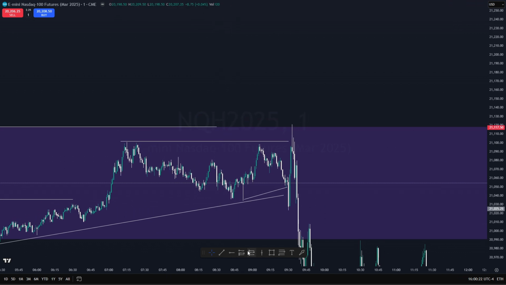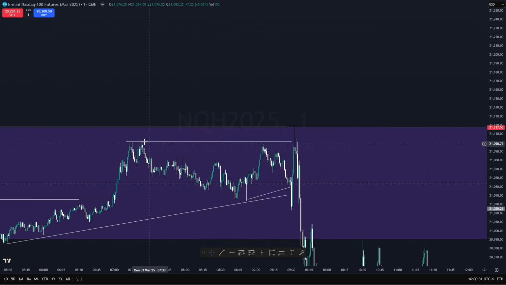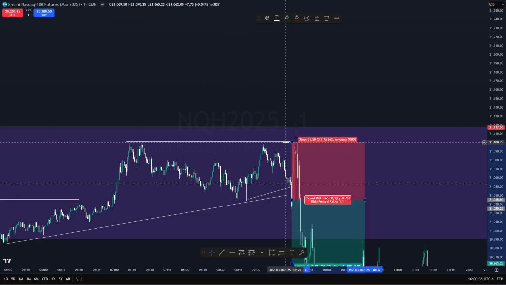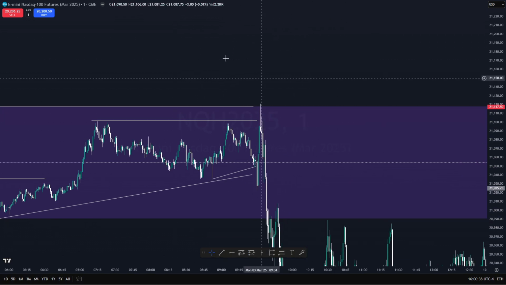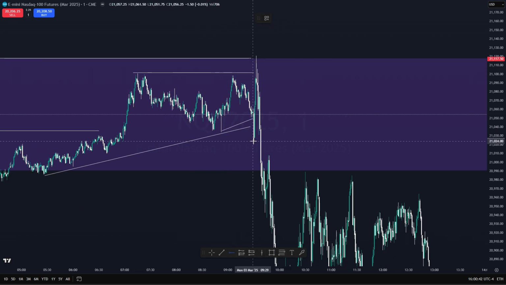And where do we get our sweep? We get it right there. From this high all the way here, and these highs, and this trend line low. Right, basically just a ton of liquidity right there. Now, this one here would be the later on order block.